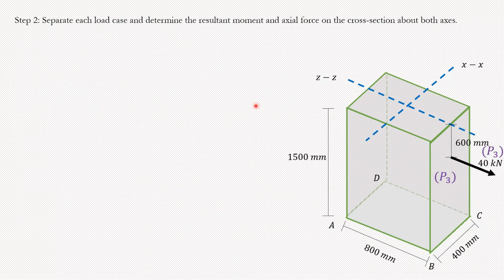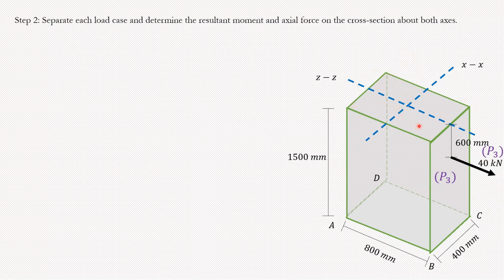However, let's now think about the lateral forces, like this force P3, 40 kilonewtons applied in the ZZ direction. The first important thing to take away is that this does not create any axial force. Axial force is perpendicular to the plane itself, or along the longitudinal axis that we have.